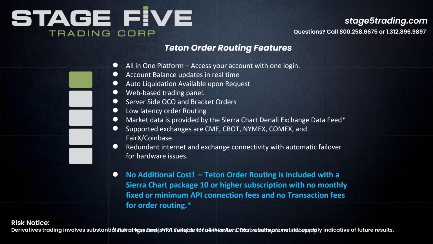Package 10 is only $35 a month before discount, and with discount, maybe like $28 a month. It's really cheap. I think we even have lower priced ones, but you're only going to get delayed data in that case. I have to check to see if those connect to Teton. But if you're trading very infrequently and delayed data is fine, you could use one of those packages. That's really fantastic.